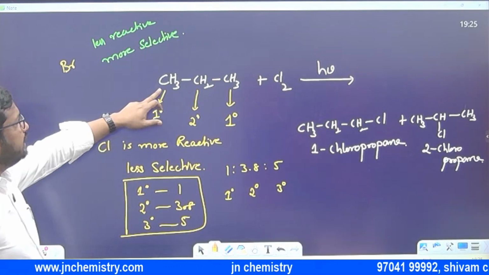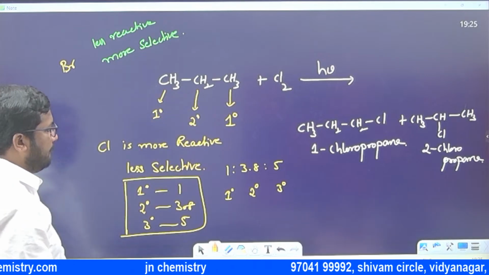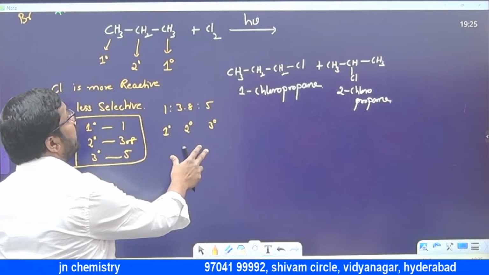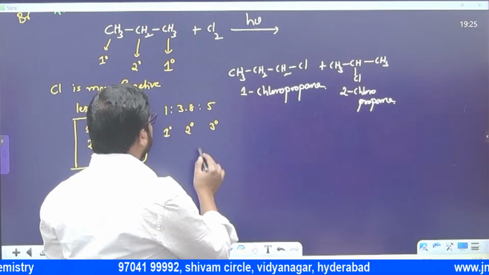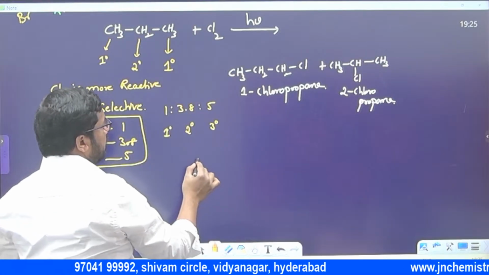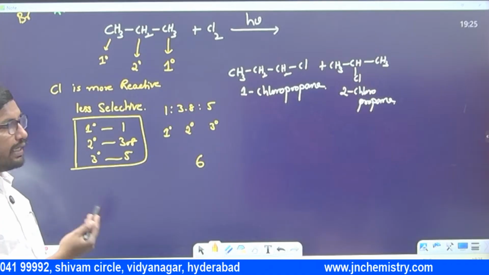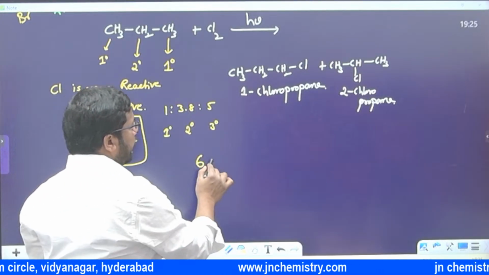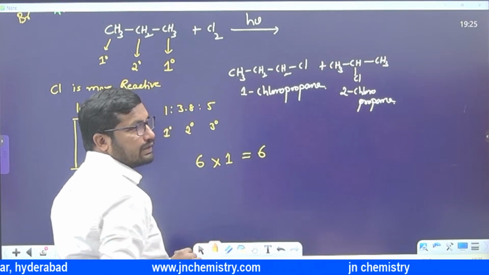Now let me know, in this case, how many primary hydrogens are there? Primary carbons are 2. How many primary hydrogens? Total 6. 6 possibilities are there, any hydrogen can be replaced with chlorine. 6 into primary hydrogen means we take 1, so 6.